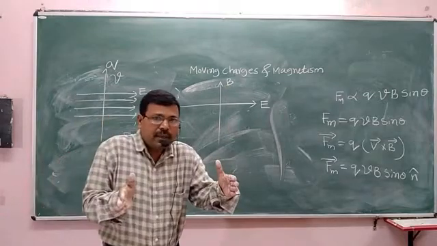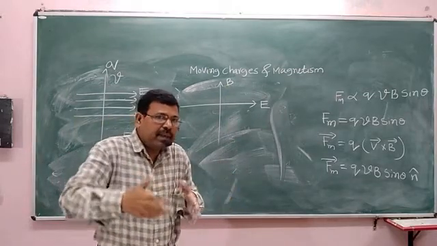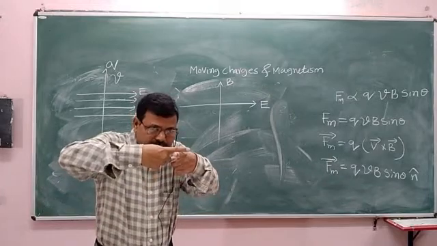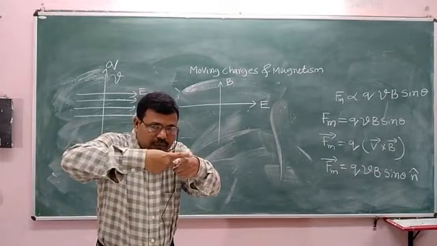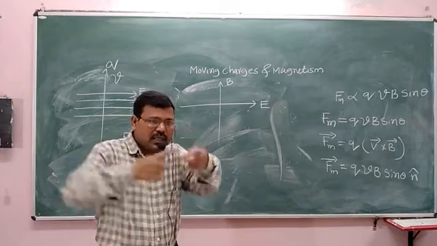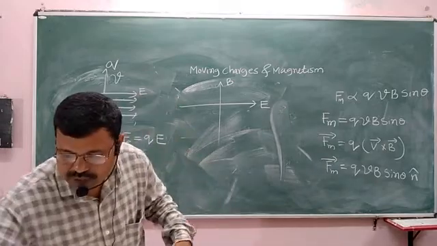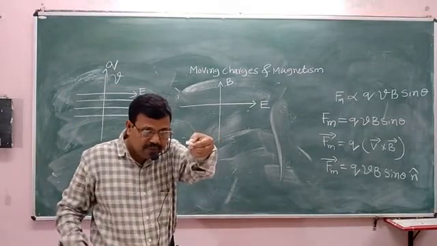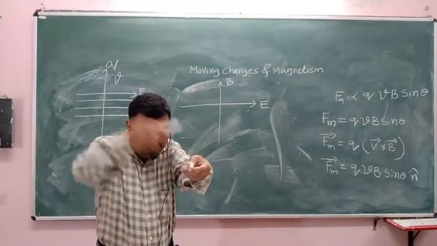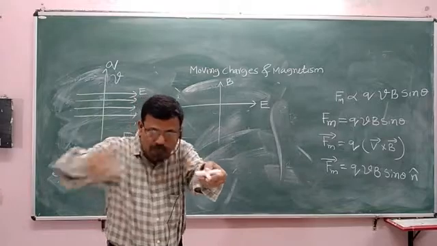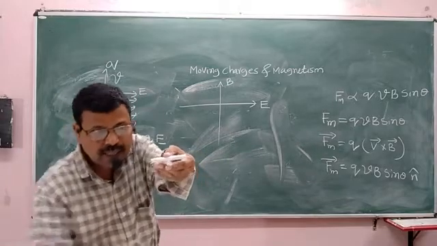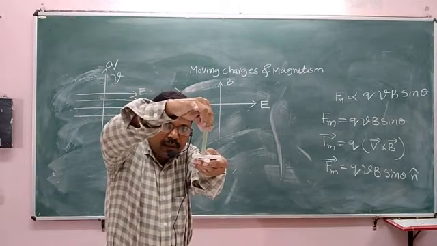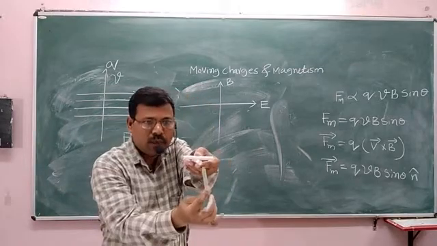Suppose here is an electric field, here is a magnetic field. We have set up the electric field and the magnetic field in such a way that they are crossed each other, perpendicular to this. Suppose you assume that this is electric field and this magnetic field, perpendicular to this, there is a particle moving vertically downward or vertically upward.